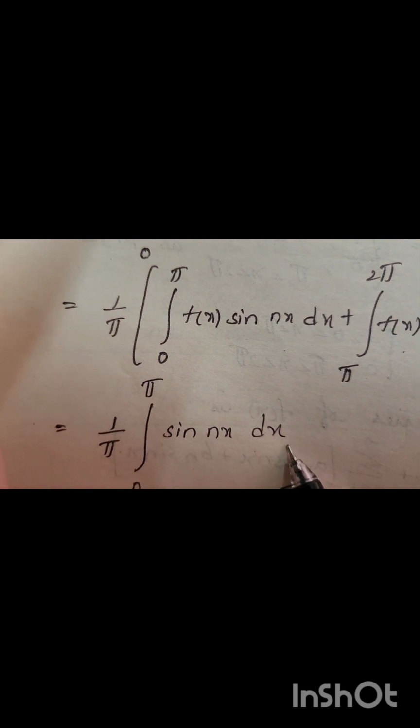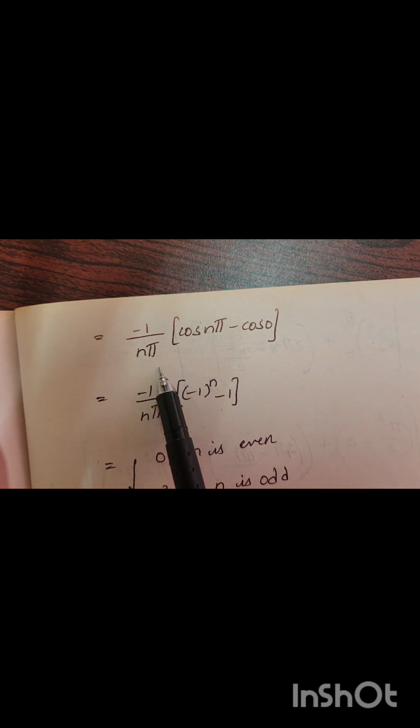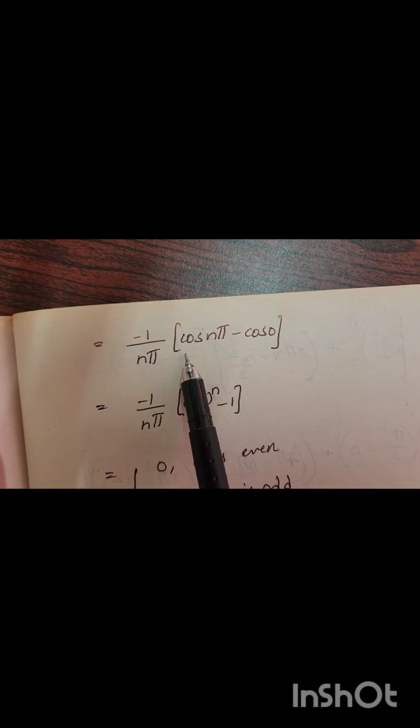Taking the 1 by pi, integral of sin nx is minus cos nx by n between the limits 0 and pi. Substituting the limits, minus 1 by n pi, cos n pi minus cos 0. Cos n pi value is minus 1 to the power of n, and cos 0 is 1.